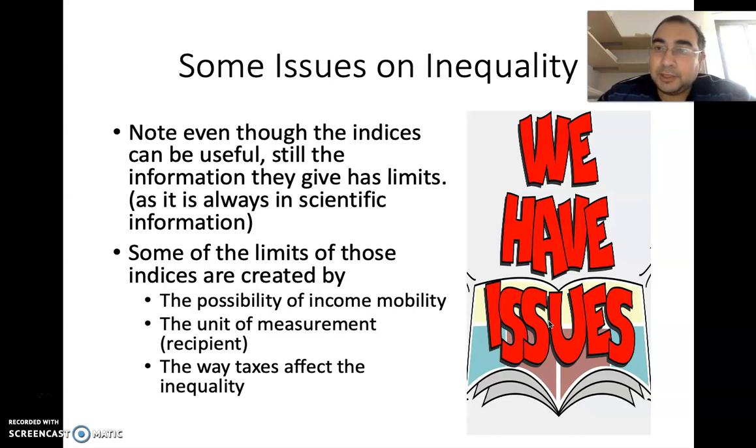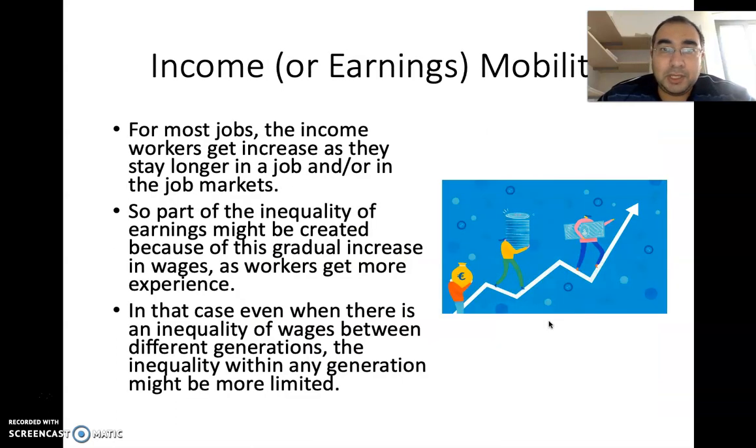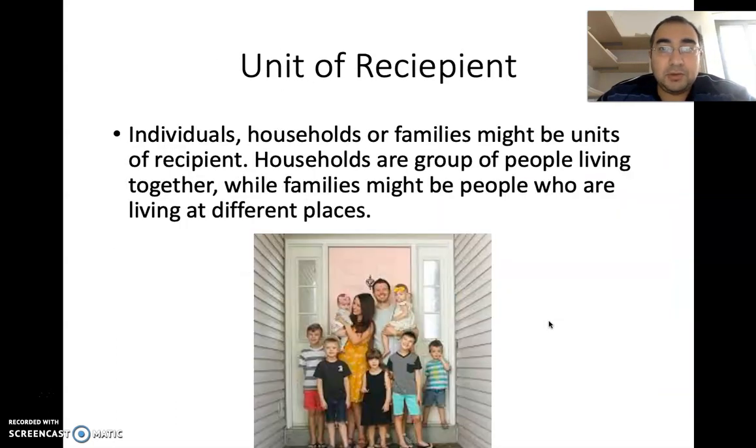But that factor might play a role in the differences in income and wealth. So income mobility throughout the ages might be accounting for partial inequality. The second thing is unit of recipients.